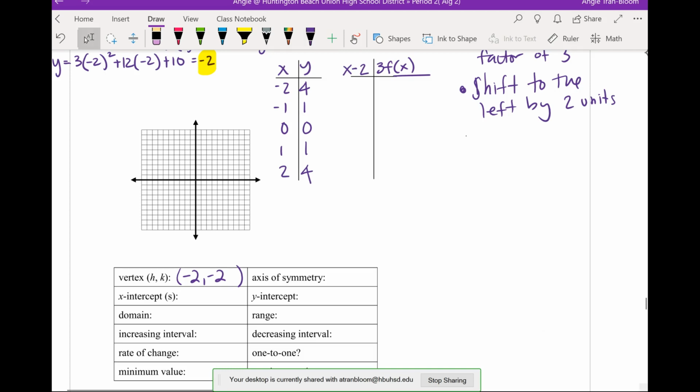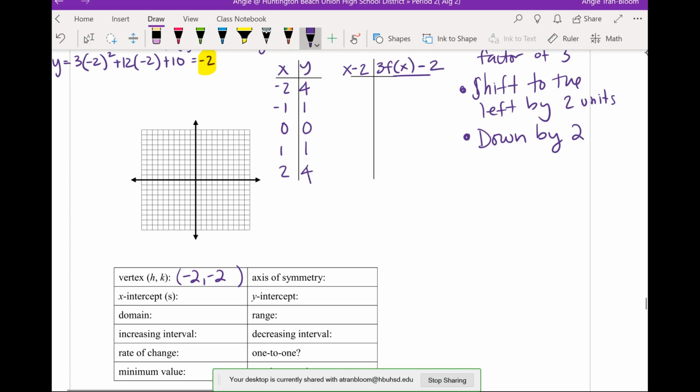Now I have a -2 for k, guys. What kind of transformation is that? Right. Down by 2 as well. So am I going to change the x or the y? The y, because I'm moving down. So I'm going to go to the y and -2.